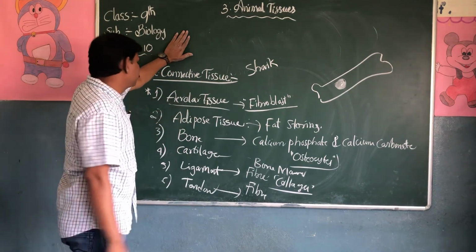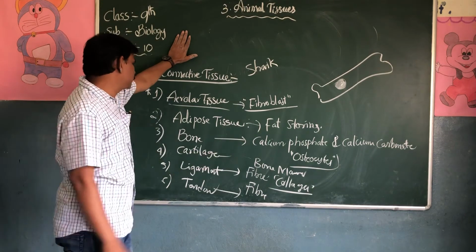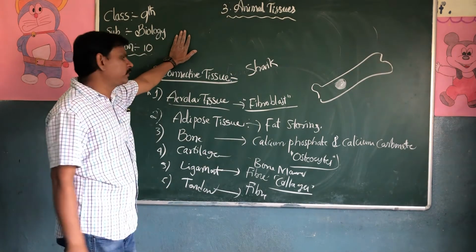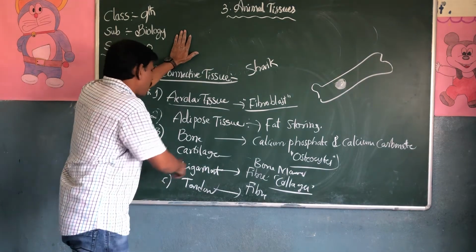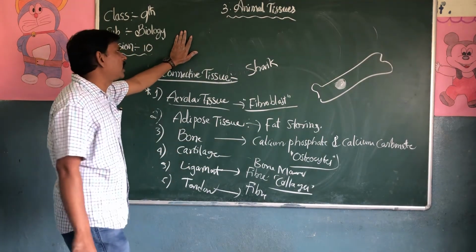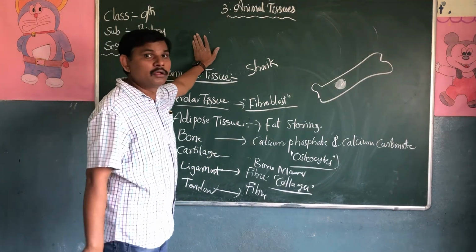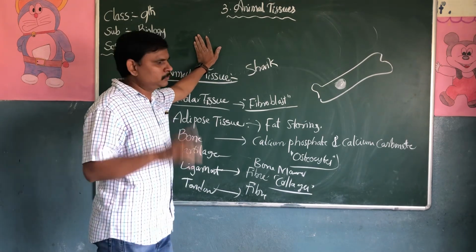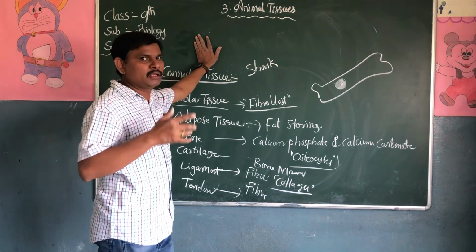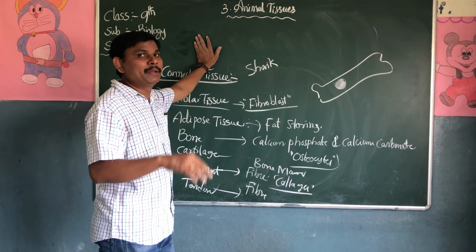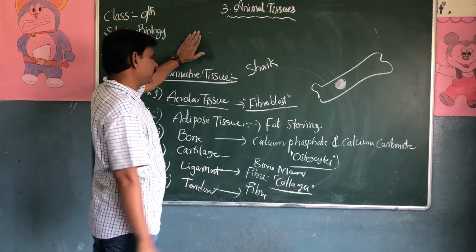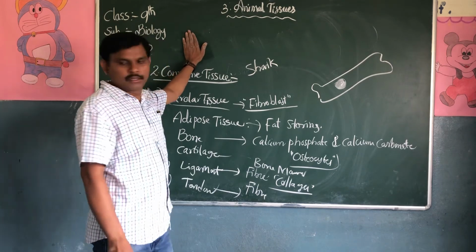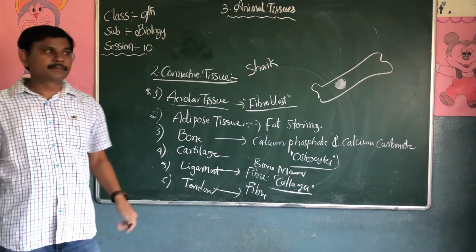Areolar tissue, adipose tissue, bone tissue made up of calcium phosphate and calcium carbonate, cartilage tissue which is not as hard as bone, smooth, and can be bent, and finally ligament and tendon.